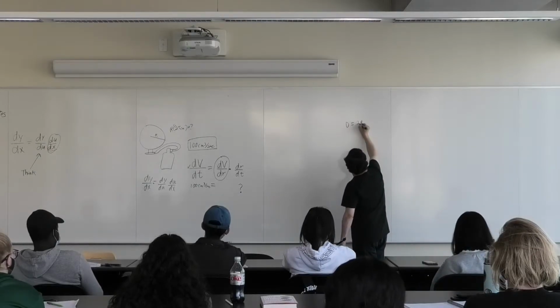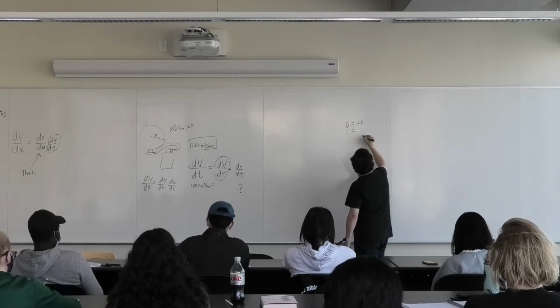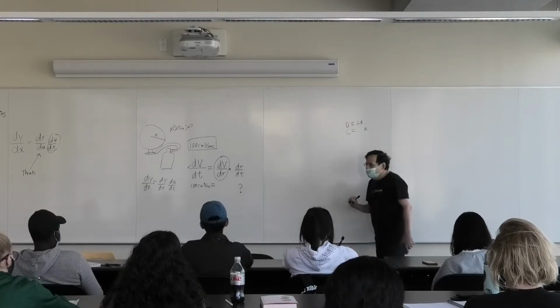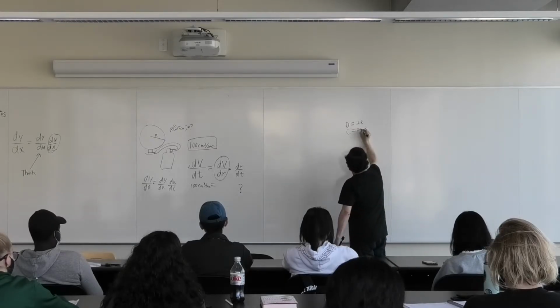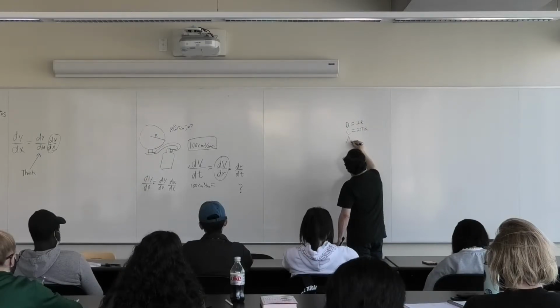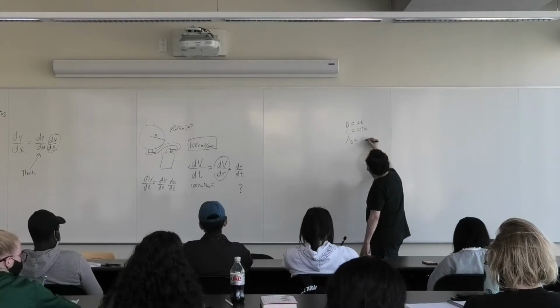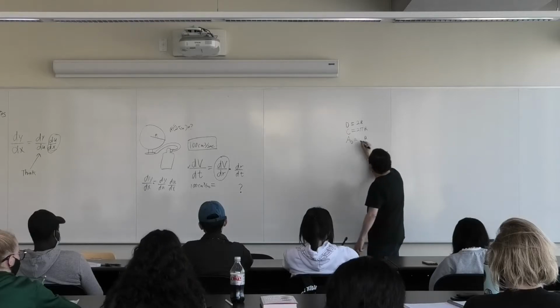Thank you. Circumference is what? 2 pi r. The area of a circle is pi r squared.